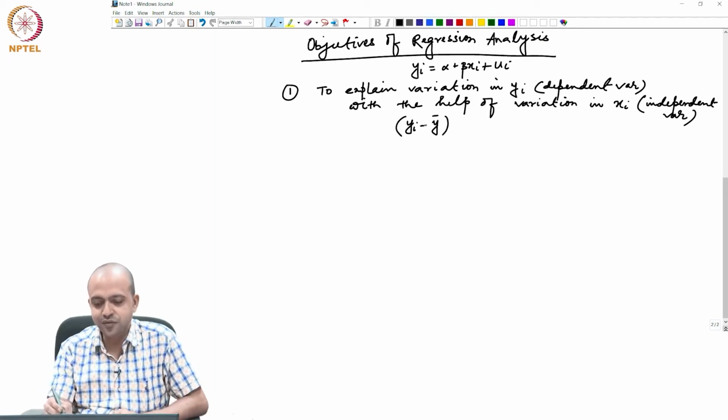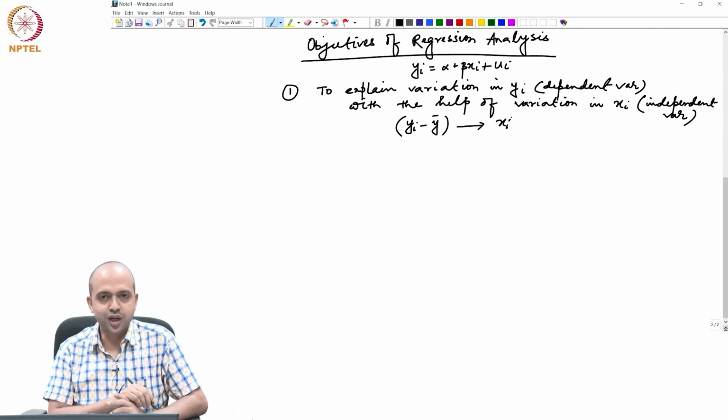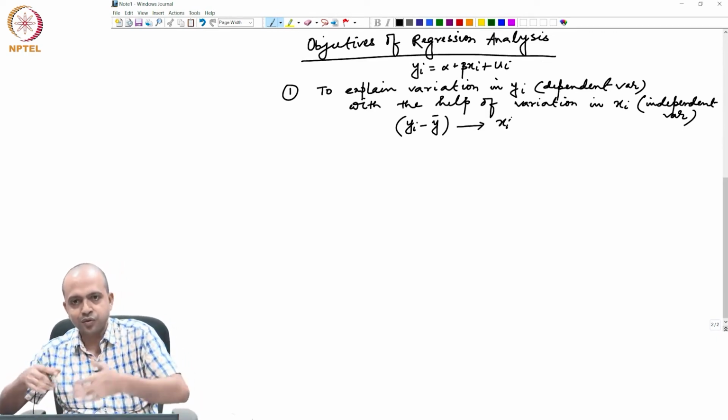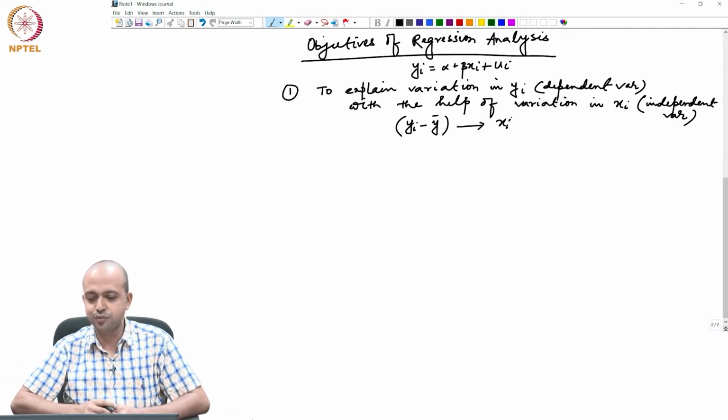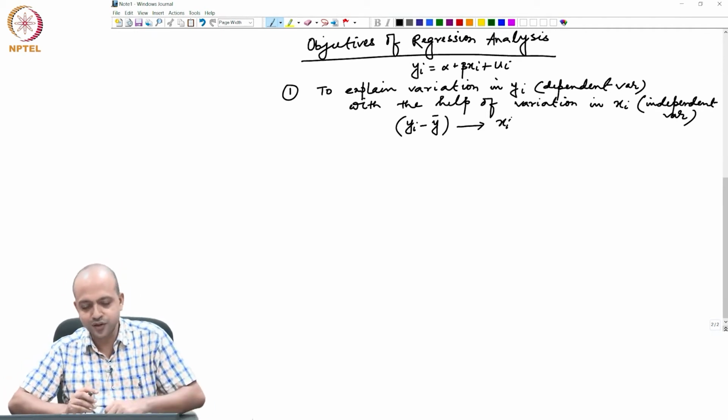This is the variation or variance that you are trying to explain by the variation in x, that means with the help of the explanatory variable. That is the first objective.